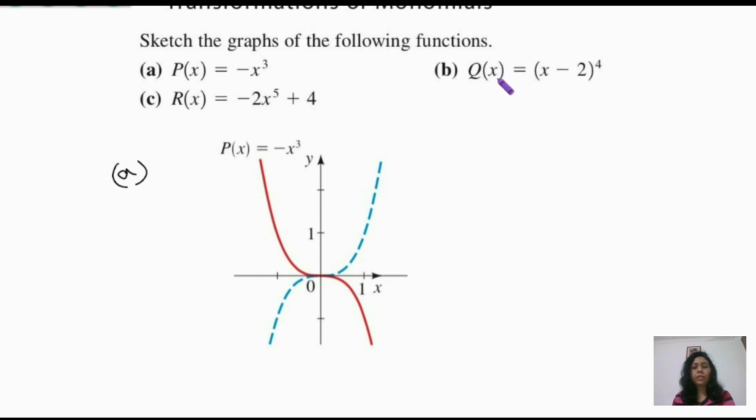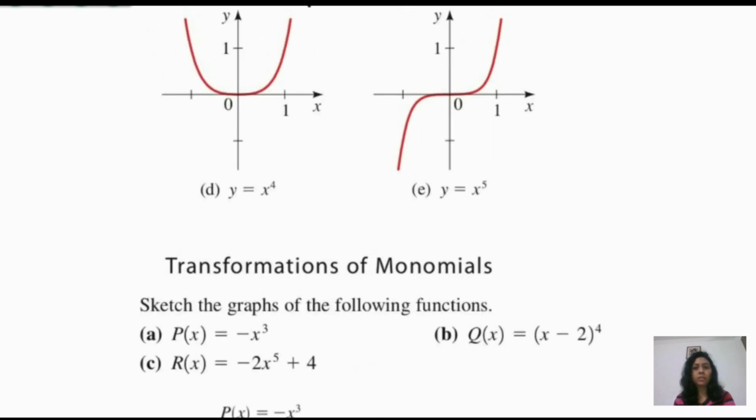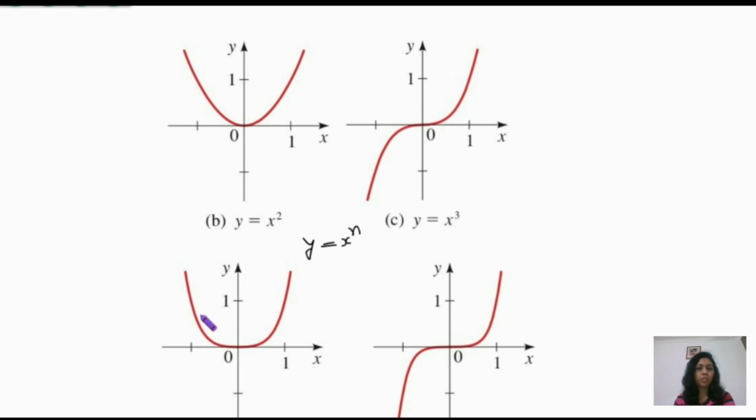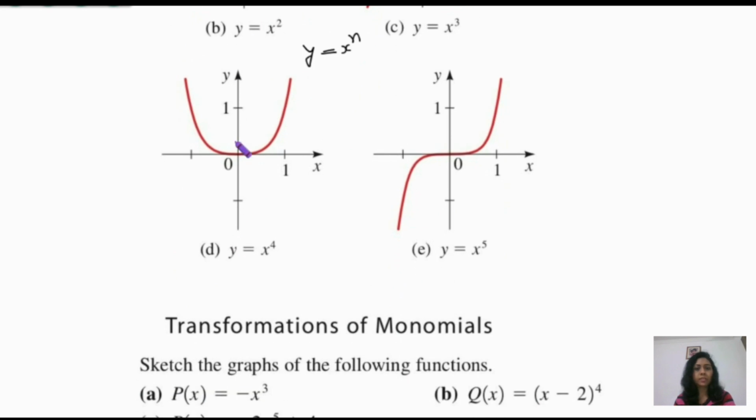Now question b, Q(x) is equal to (x minus 2) to the power 4. Here the power is even, which means the shape is a parabola like this. And y equal to x to the power 4 is flatter around the origin.